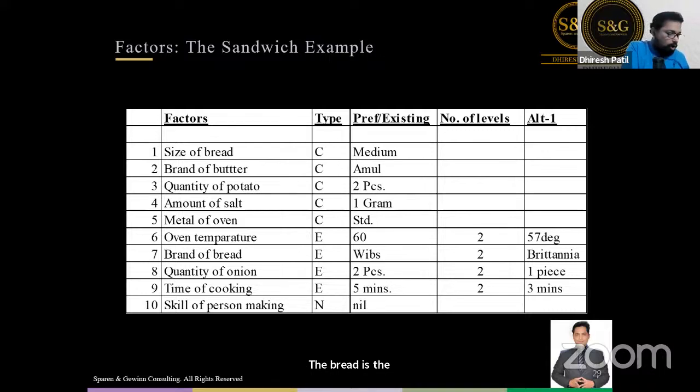Quantity of onion is 1 piece and 2 pieces. And time of cooking is 3 minutes and 5 minutes. All right. So Britannia and Wibs. Everybody has written this.